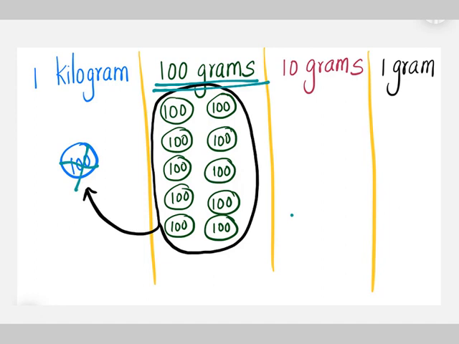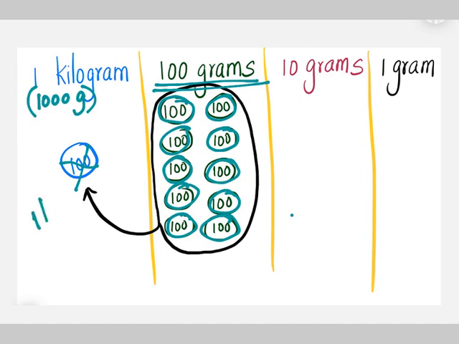Okay, so I'll show you. 100, 200, 300, 400, 500, 600, 700, 800, 900, 1000. 1000 grams is 1 kilogram. Or we can write it as 1000 grams.